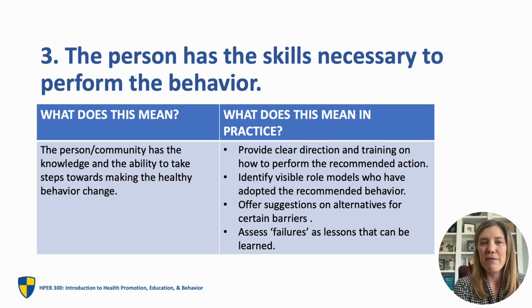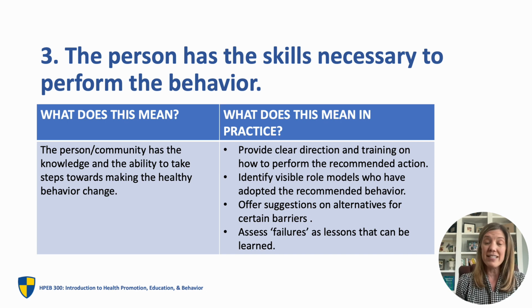Number 3, the person has the skills necessary to perform the behavior. If that person doesn't have the skill sets to perform the behavior, then they're not going to be able to perform the behavior well or feel confident in themselves. So the person, or even the community, if you're working at a community level, has to have the knowledge and ability to make steps towards this healthy behavior change.